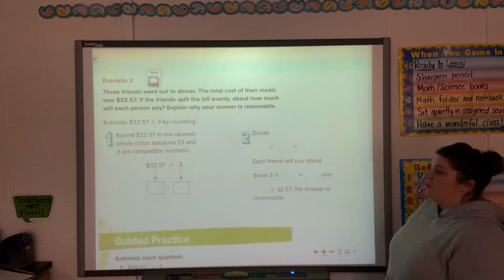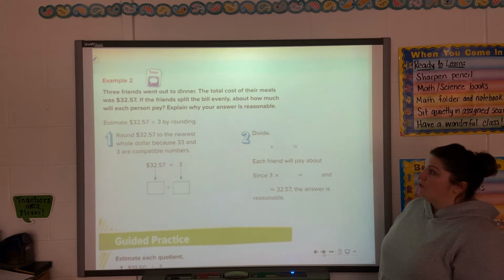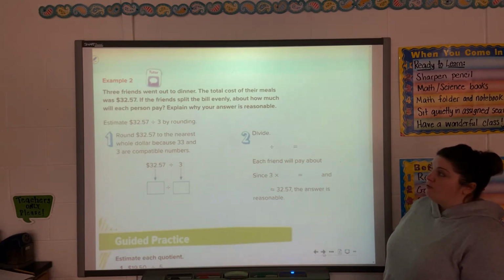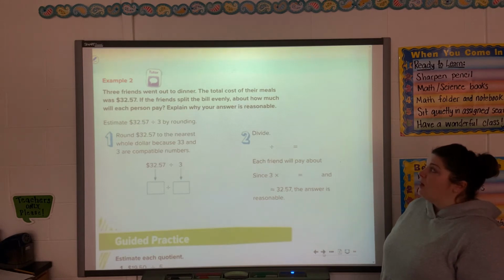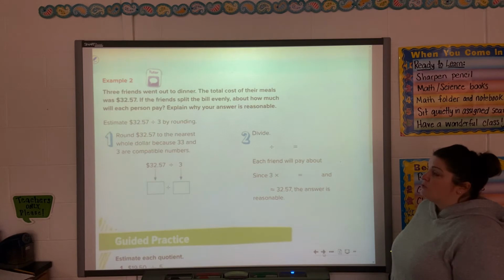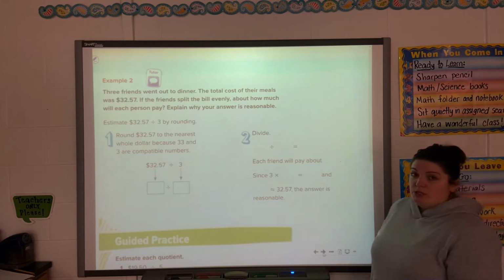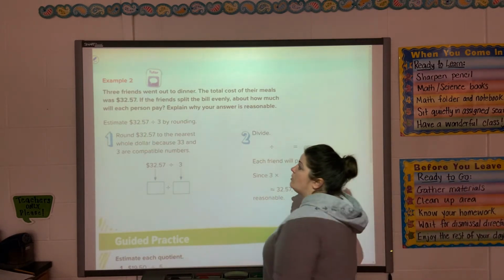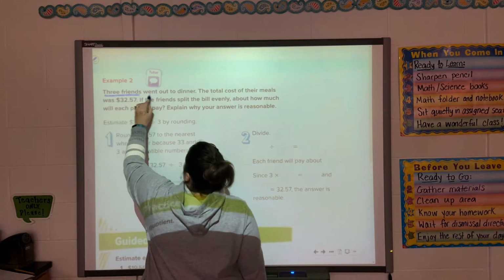For the next example, 3 friends went out to dinner. The total cost of their meals was $32.57. If the friends split the bill evenly, about how much will each person pay? Explain why your answer is reasonable. To understand my problem, what facts do I know? 3 friends went out to dinner.